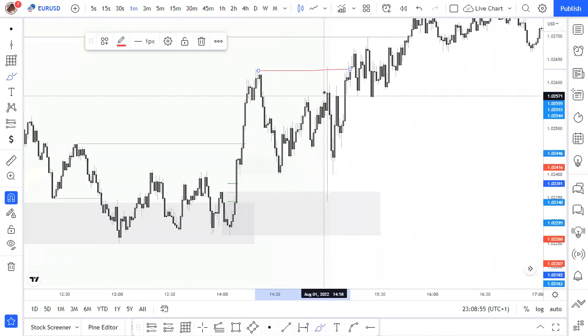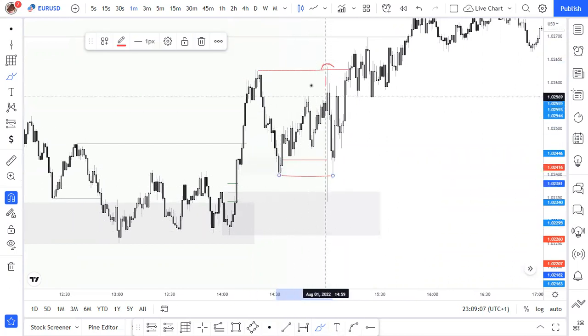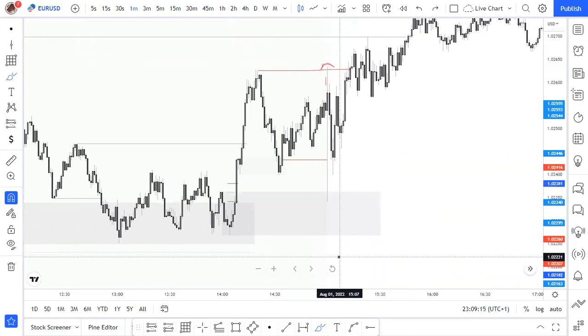And when price came up to this high, it came with a wick, so I didn't feel confident taking a trade from this. That would have been the ideal scenario if this candle closed above this high, but it didn't. So I didn't take a trade there.